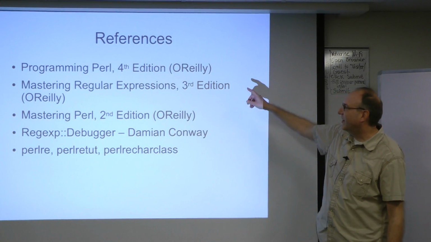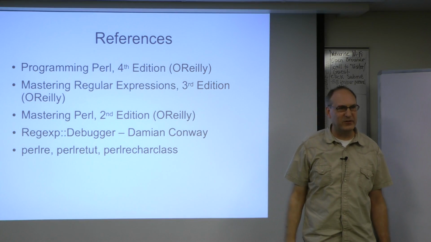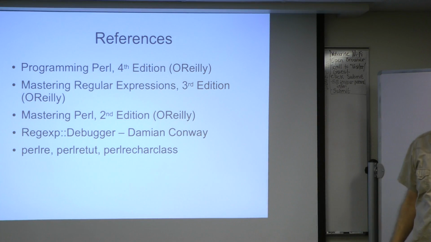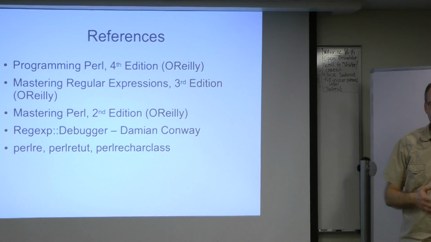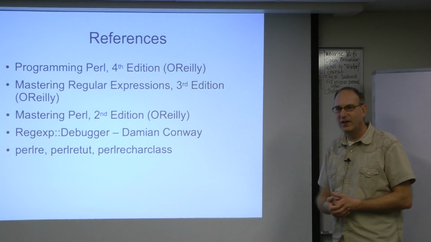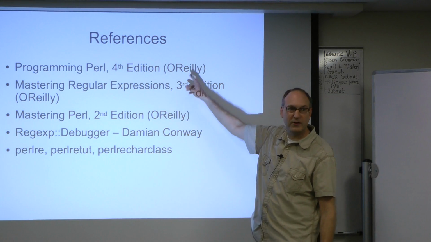These are some references that I use. Programming Perl, the 4th edition, has a chapter on regular expressions and another chapter that's excellent on Unicode. Although it's a Perl book, a lot of what it discusses in regular expressions and in the Unicode section are some of the best resources you'll find anywhere for learning, especially about Unicode.